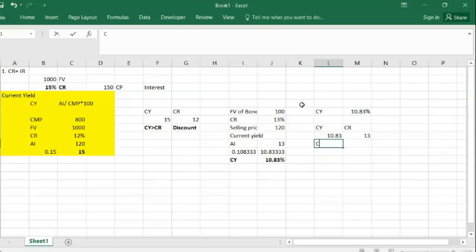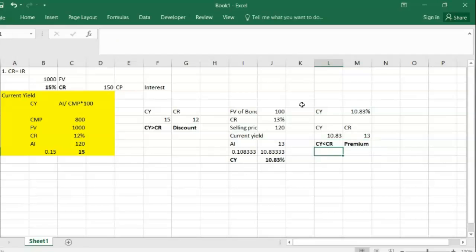In this case, we can say the current yield is less than the coupon rate. It means the bond is available in the market at a premium rate.